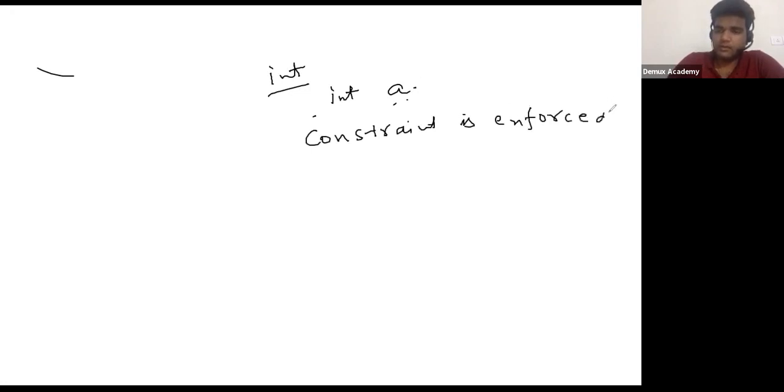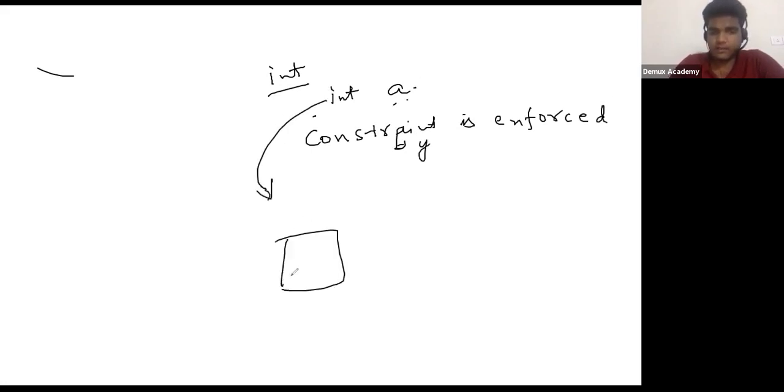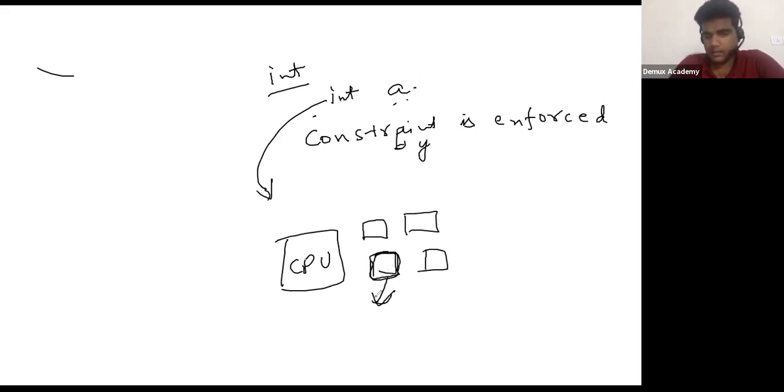That's basically because in the computer, you have a CPU and you have registers. One register can only store a certain large number. It cannot store anything more than that. And that typically dictates the size of an integer.